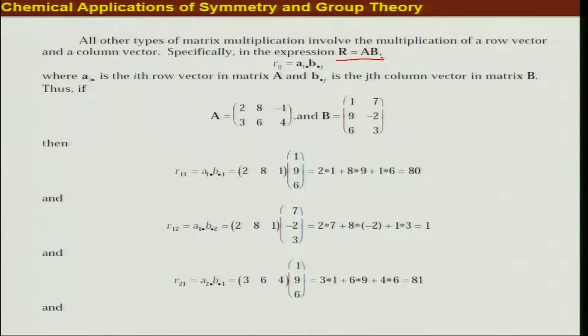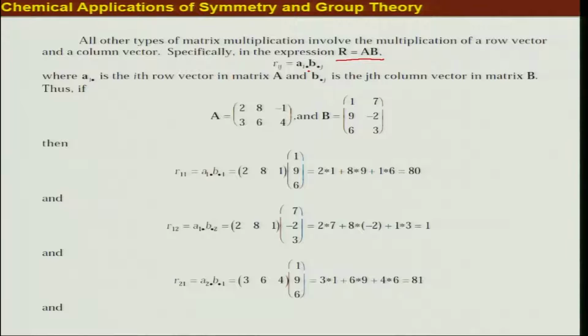Here you can see that Rij equals Ai dot and B dot j, where Ai dot is the ith row vector in matrix A, and B dot j is the jth column vector in matrix B.